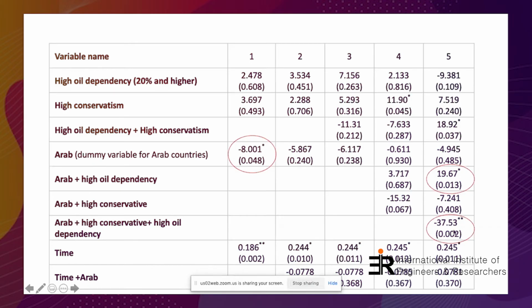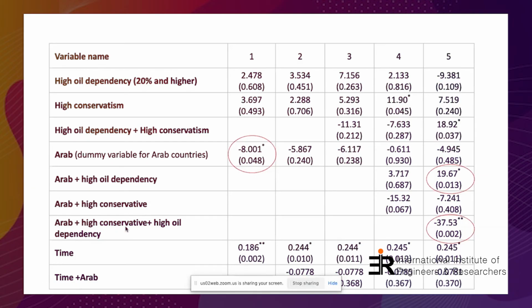So this result can actually explain clearly why female labor force participation is lower in Arab countries that are considered high conservative and high oil dependent, for example, like Saudi Arabia.